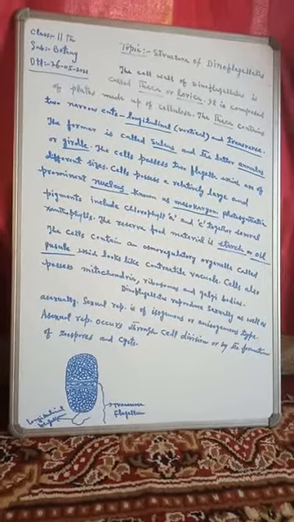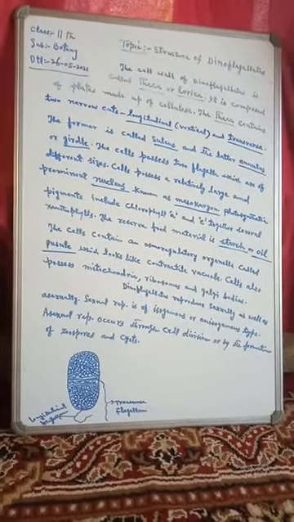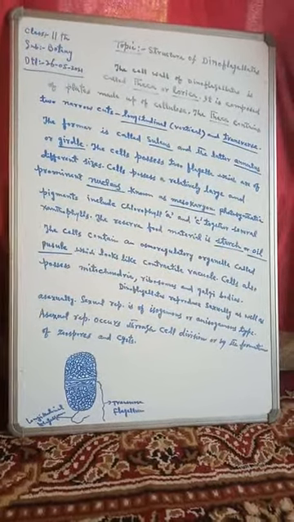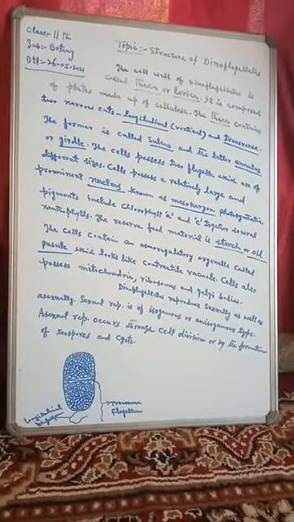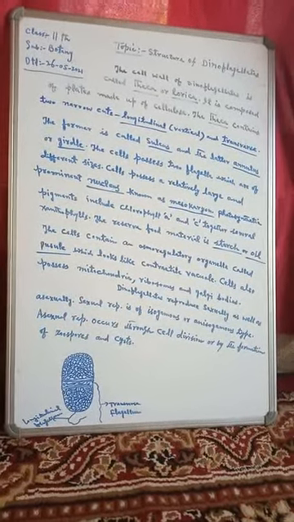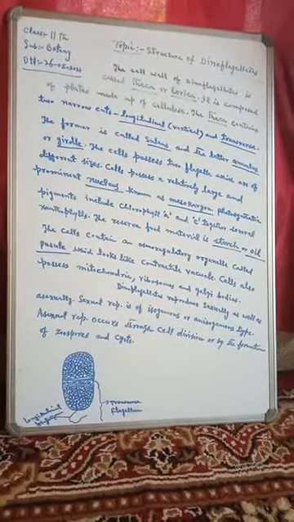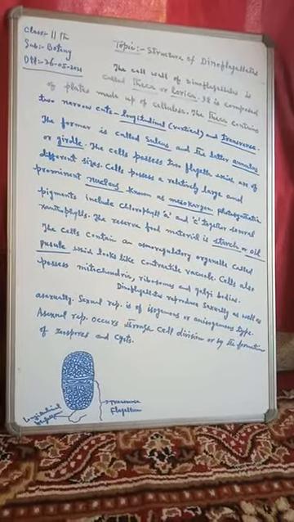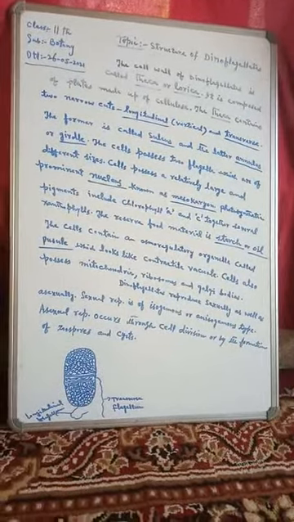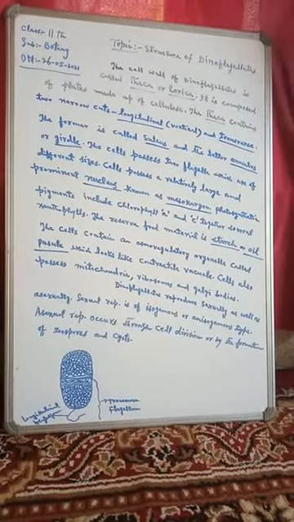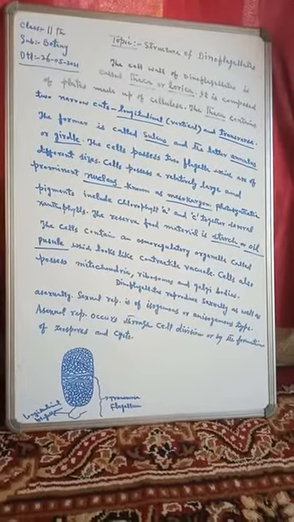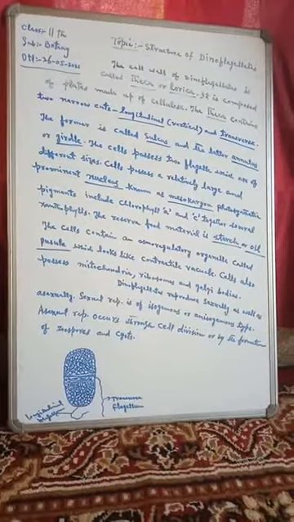Photosynthetic pigments found in the cells of dinoflagellates include chlorophyll A and chlorophyll C, and besides these two there are several xanthophylls also. The reserve food material is starch or oil.